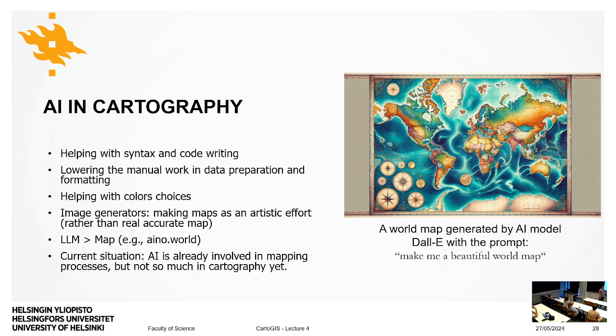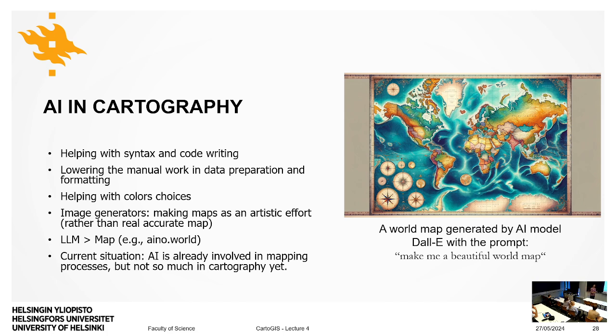So what is the current situation, based on what I have seen? And this is not super comprehensive, but AI is already involved in mapping processes, and it's advertised a lot. If you go to these online GIS websites like Mapbox and, what else, ArcGIS, they already talk about having AI integrated into their processes. But right now it is more in the process.